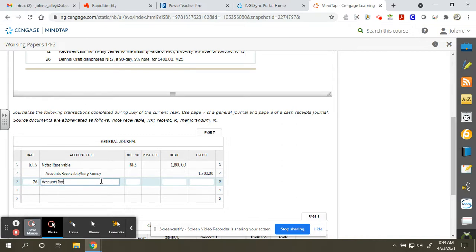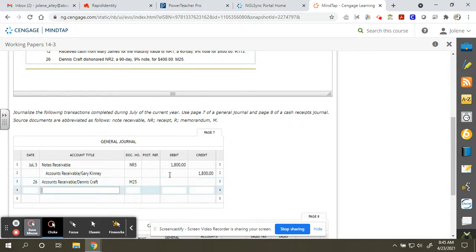Accounts receivable, Dennis Kraft. Shame on you. M25, memo 25, is our source. It was a 90-day note at 9% for $400.